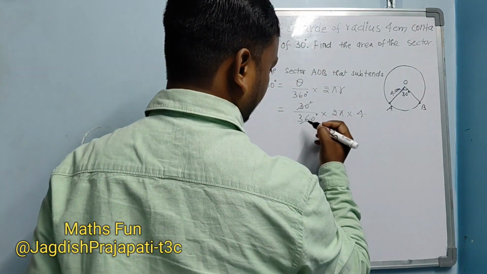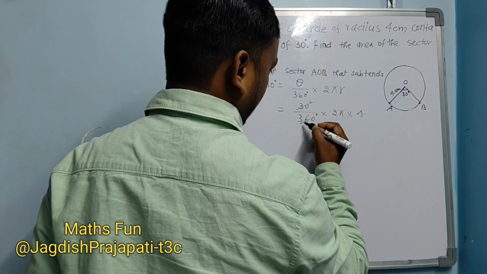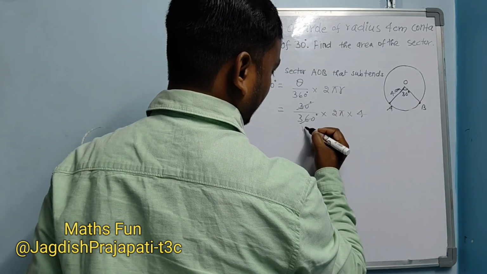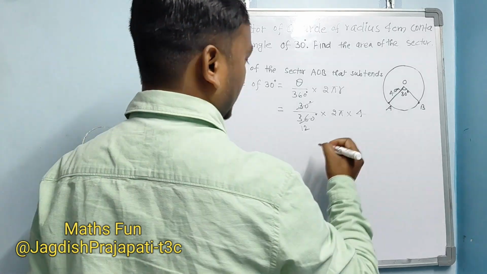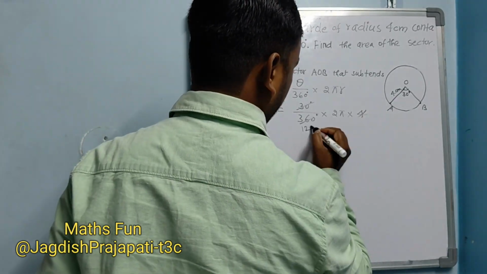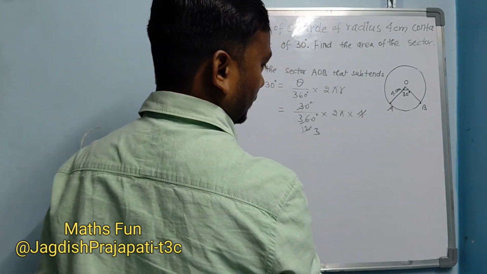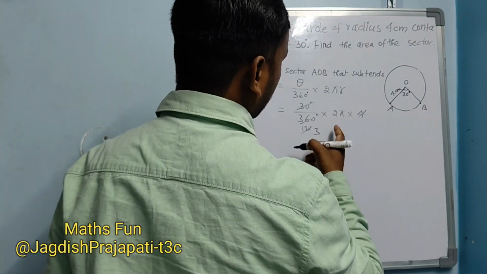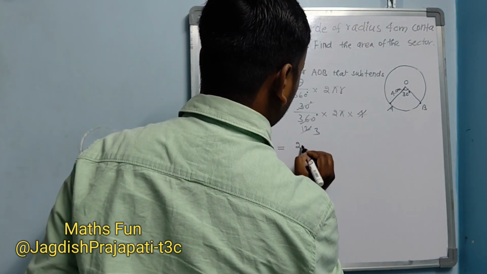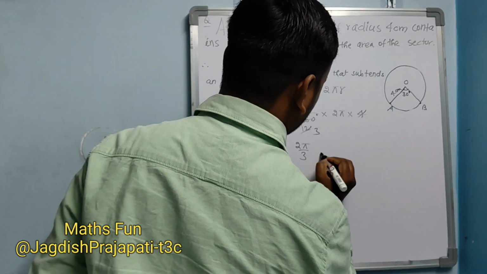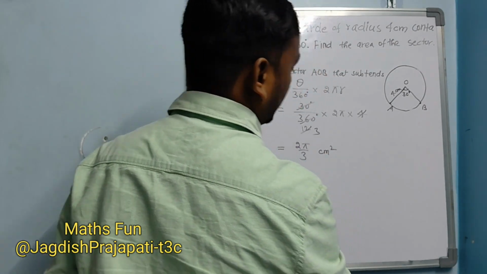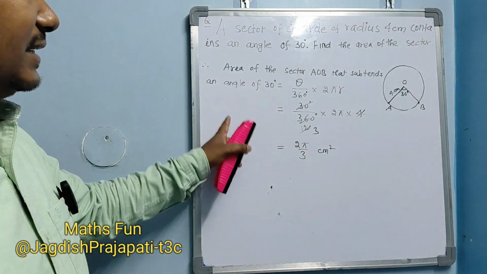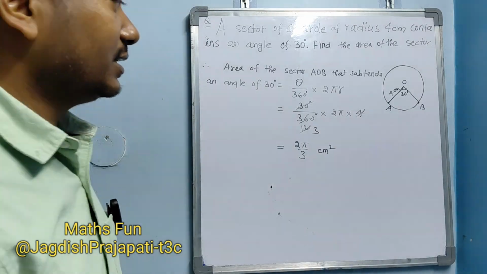So 3 1s are 3, 3 2s are 6, and this will divide this, 4 3s are 12. So now we have only 2 pi by 3. So 2 pi by 3. And what will be the unit? Square centimeter, since this is area. Okay.